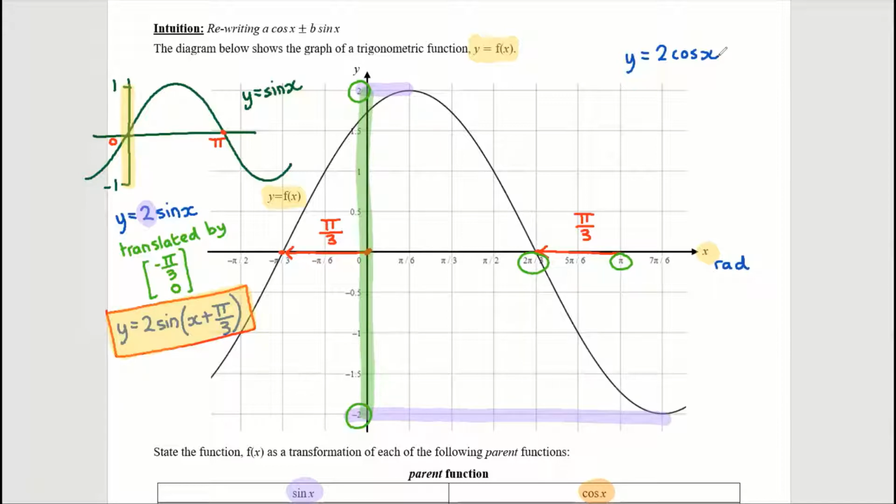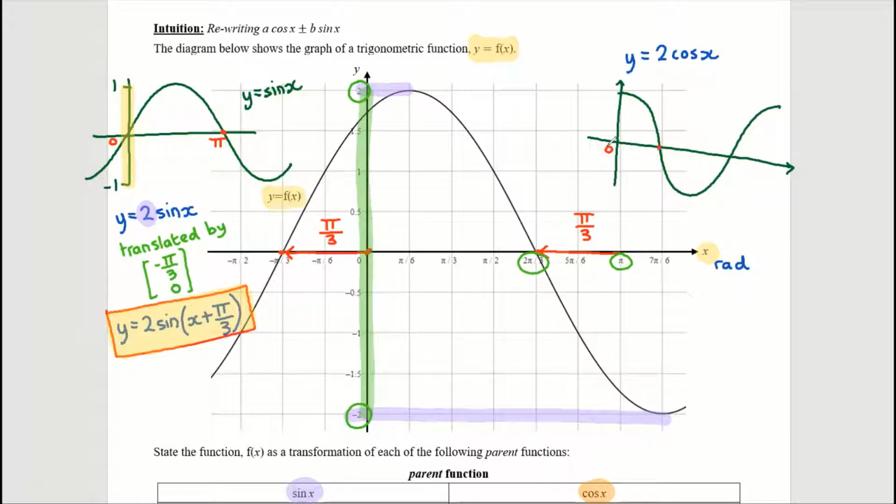So let's sketch the cosine function just to familiarize ourselves with what's going on. Now the cosine function is not quite the same as the sine function, as you know, but they are translations of each other. So if that's my x-axis, my y-axis there, just a sketch, of course. Now this time, let's have a look at the x-intercepts.